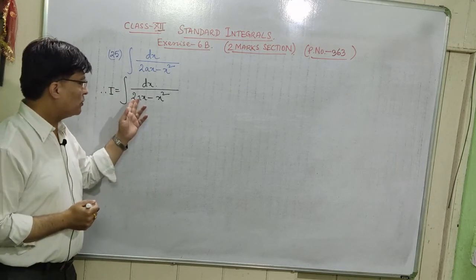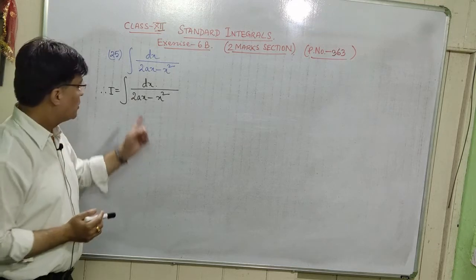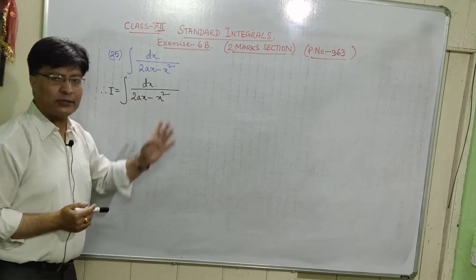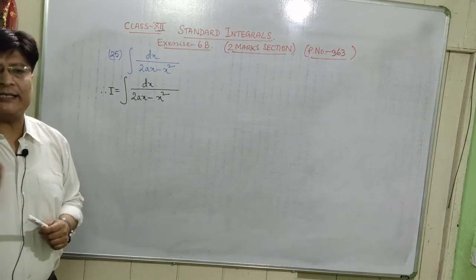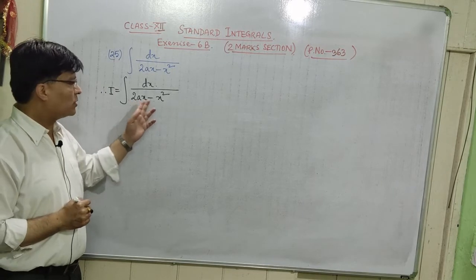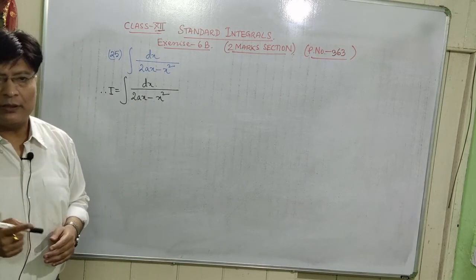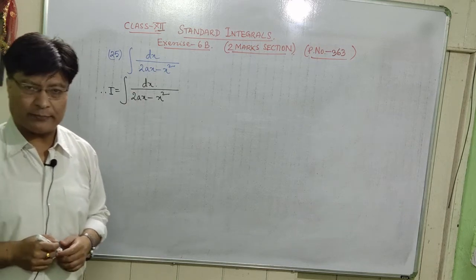So here also both these two terms contain the variables. 2ax is the variable, x square is also the variable. So you cannot directly change it into standard integrals form, because both the terms contain the variable. That is, one of them is twice ax and the other one is x square.